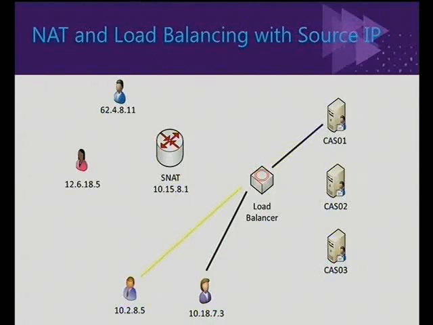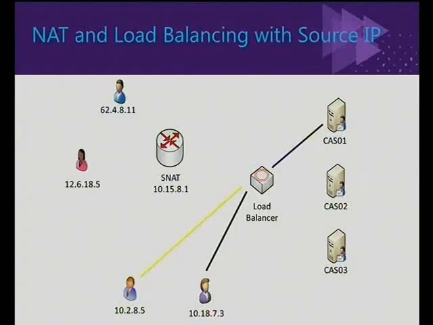Now, all future requests from 7.3 will persist or will stick to CAS server 1. So for the duration of the session, 7.3 will never send a request to CAS server 2 unless we have an outage on CAS server 1, in which case the request will have to be re-authenticated and terminated on CAS server 2. So persistence in this case is working very well, right? Source IP says 7.3 goes to CAS 1.